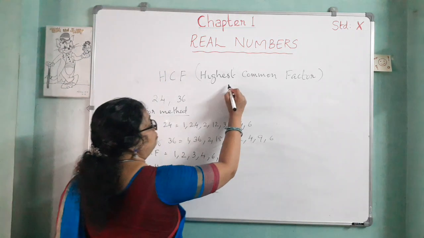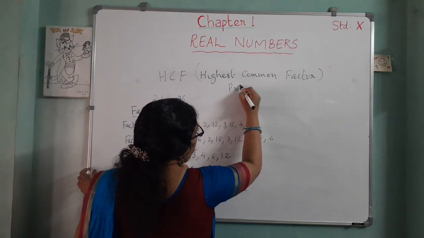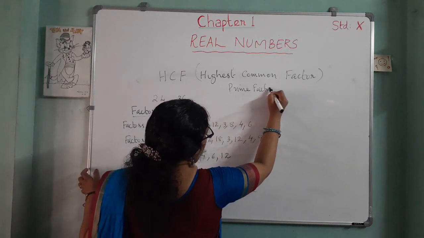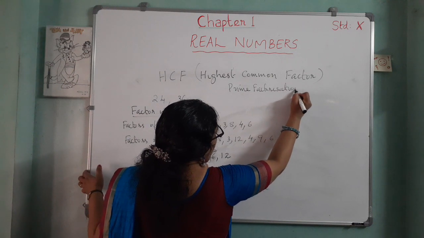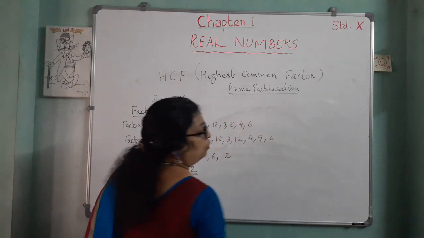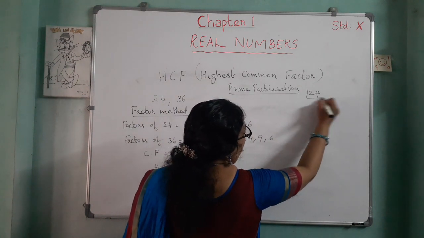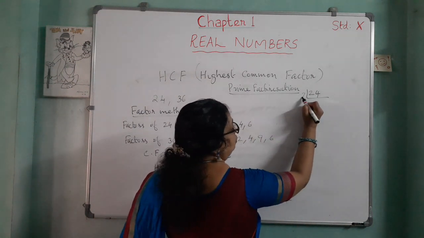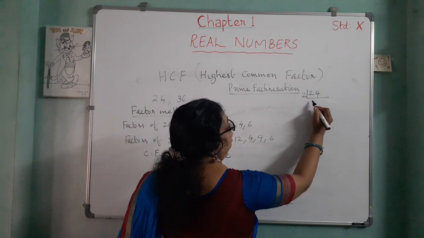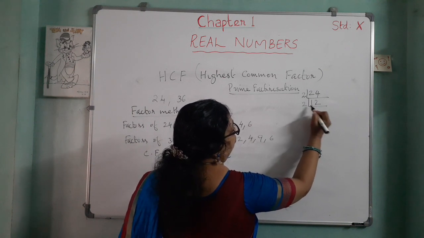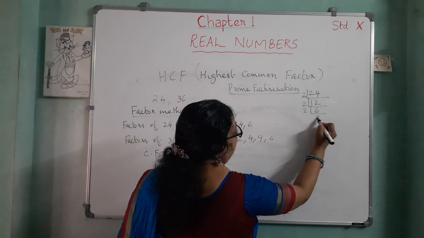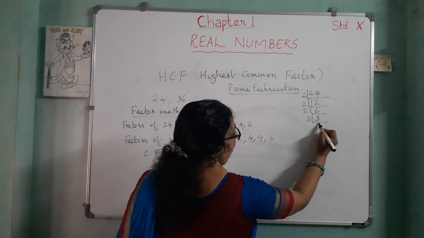Then next is the prime factorization method. Using prime factorization, we factorize only through prime numbers. So 24, we can factorize 24. The first prime number is 2, so take 2 outside. 24 by 2 is 12, then again 2, 6, again 2, 3, then 3, 1.